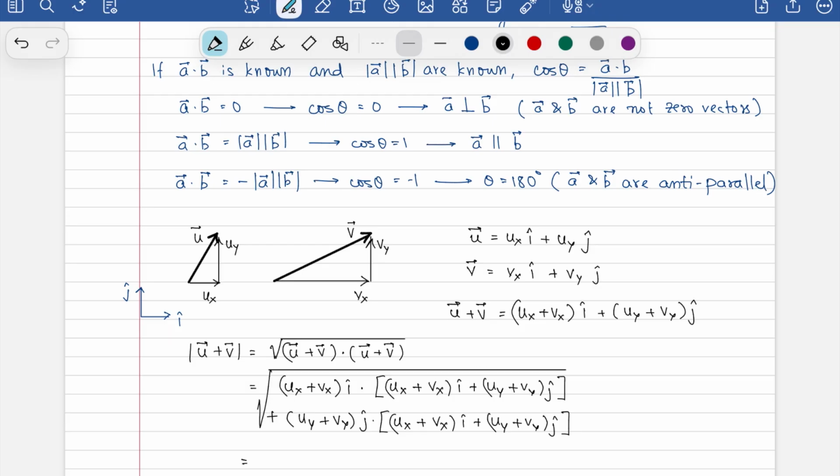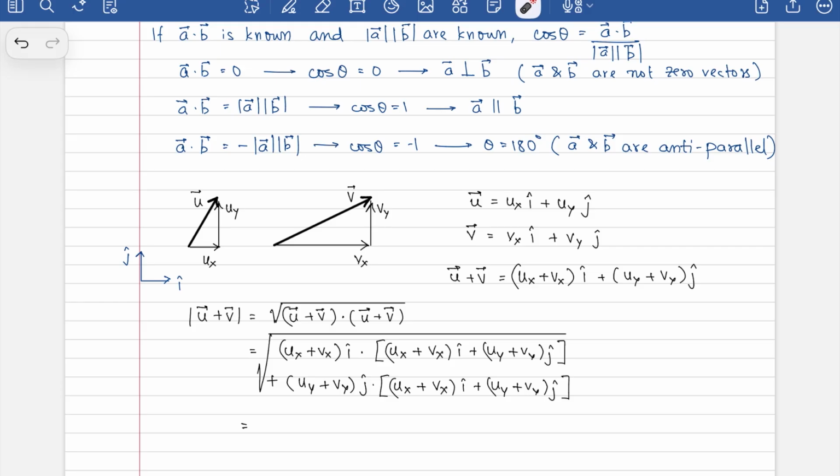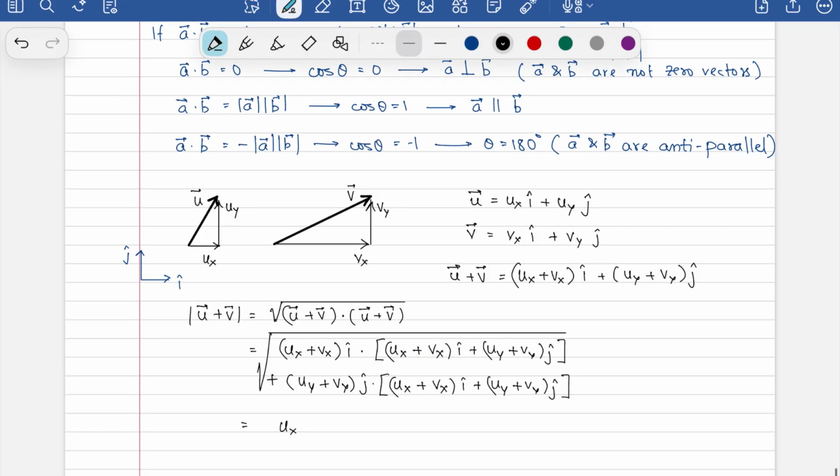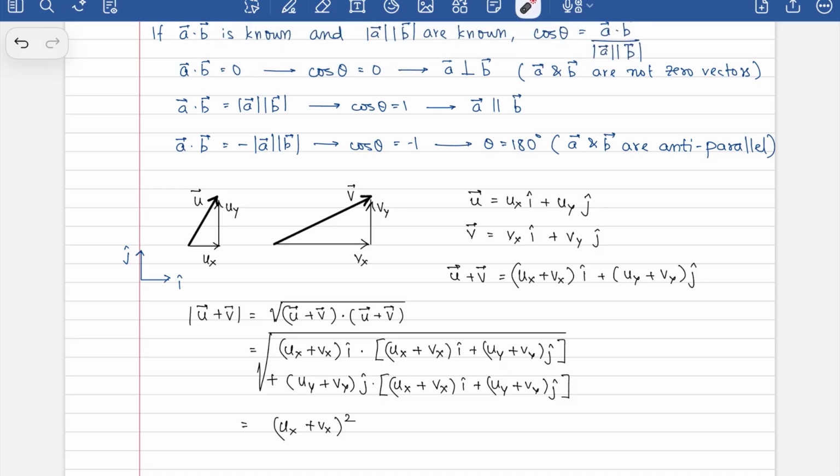What happens now? You have I hat dot I hat, so it's I hat with itself that has magnitude of 1 and cos 0 is 1. So this remains as (ux plus vx) whole squared because these two are magnitudes. I hat dot I hat is 1.